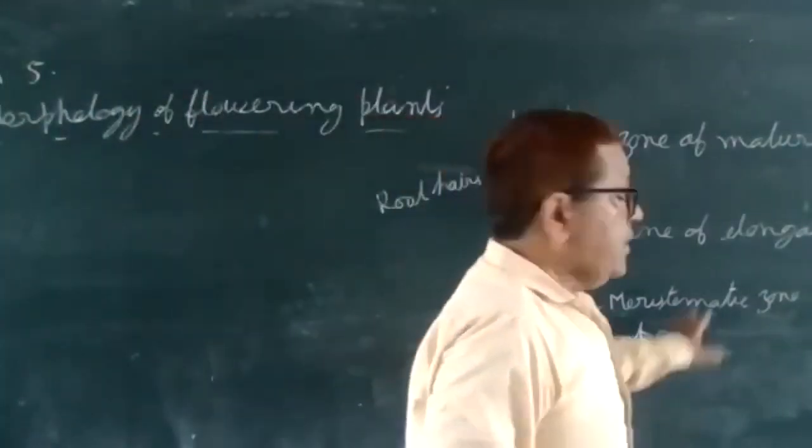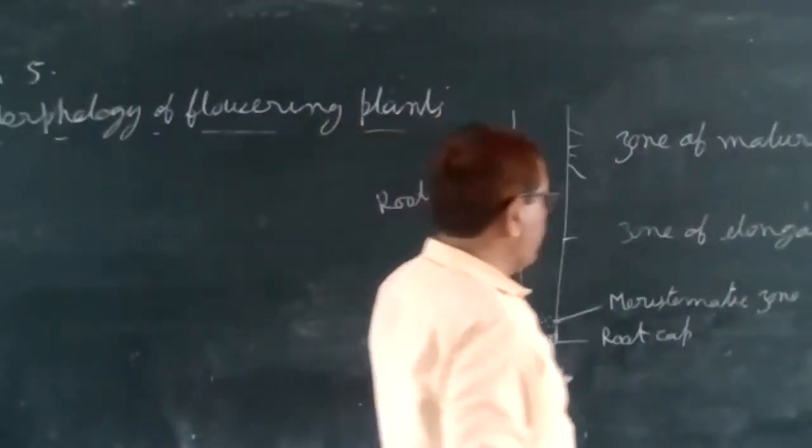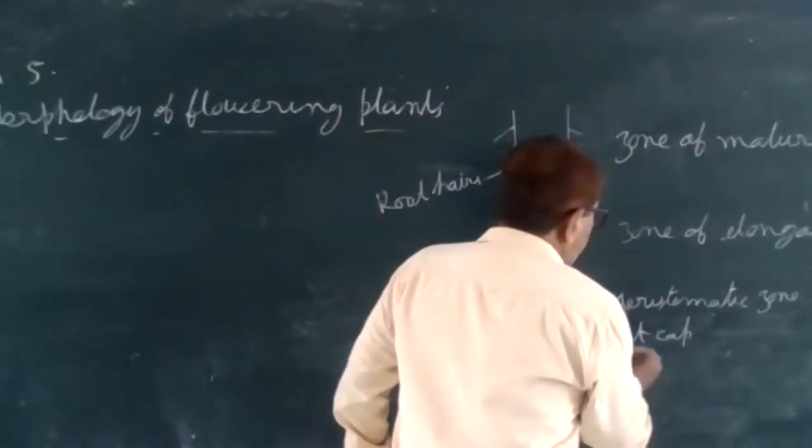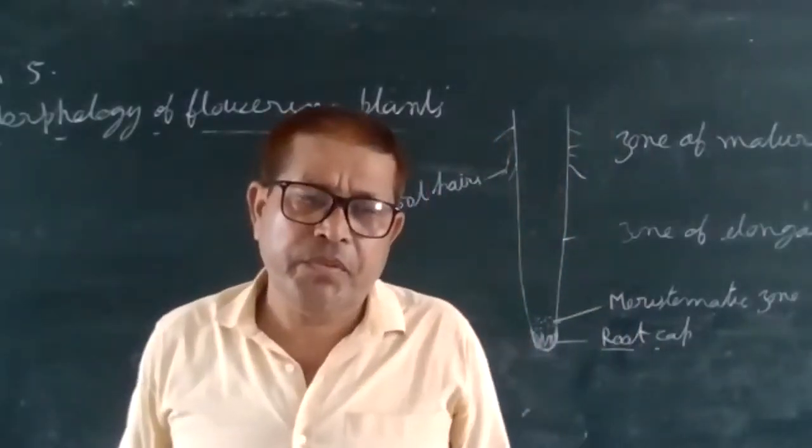So, the root consists of three zones. At the tip of the root, there is a root cap.